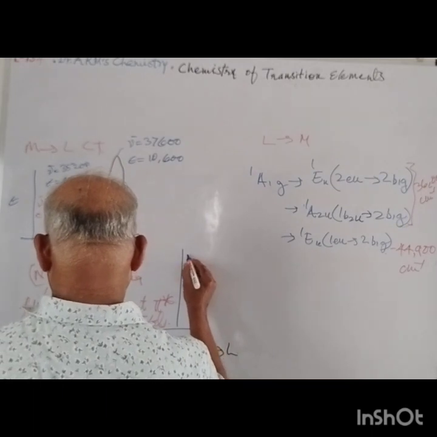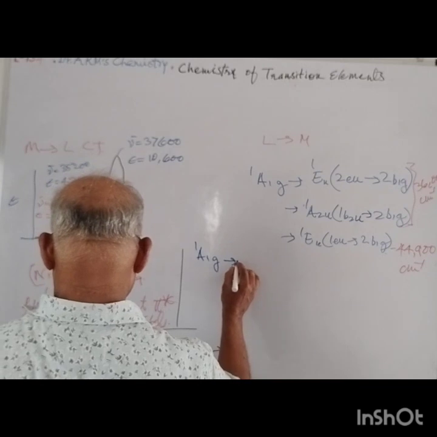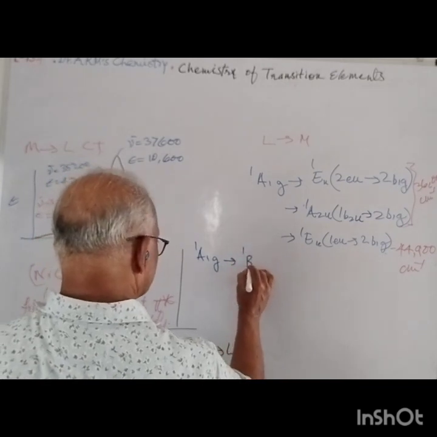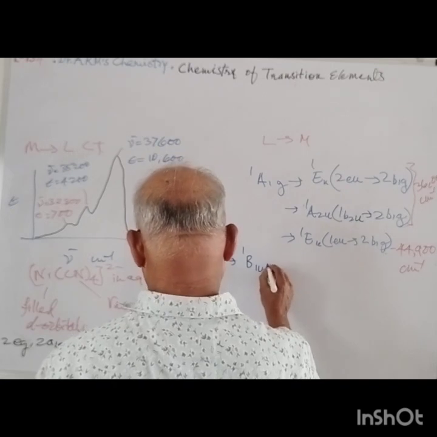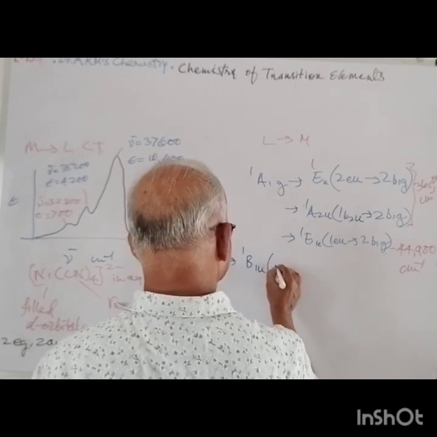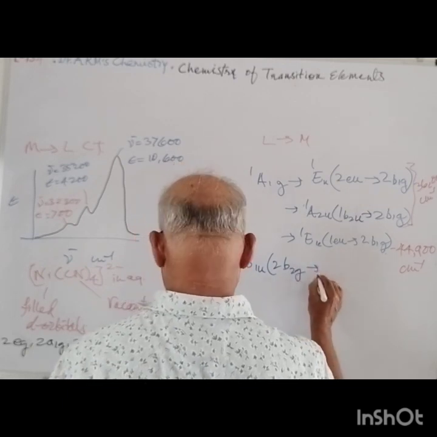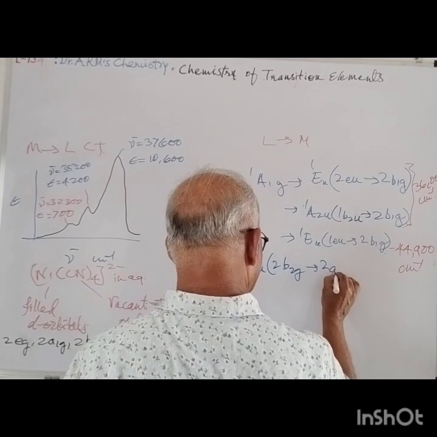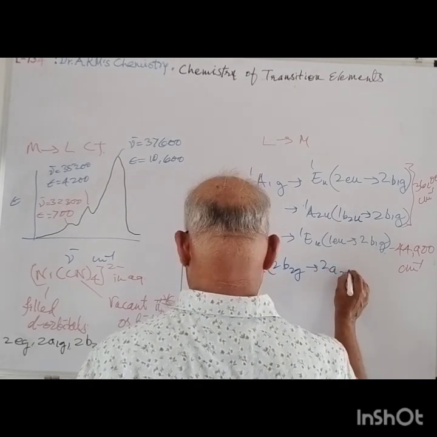So first is with A1G symmetry, we can have one B1U, that is 2 B2G to 2 A2U.